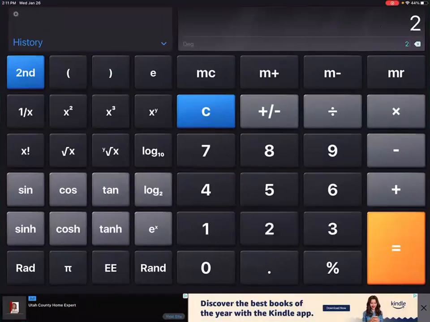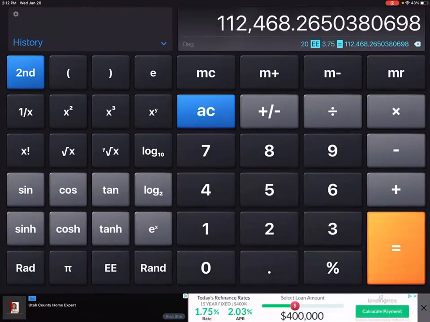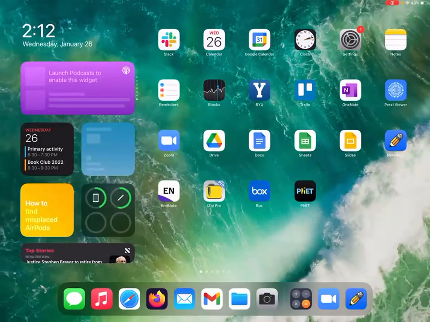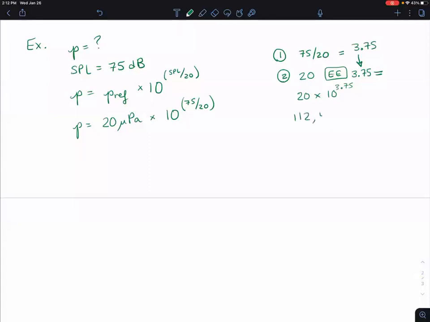So I'm going to do 20 EE 3.75 equals. Okay, and I have 112,468 micropascals is the answer for that example. That's what that equals.